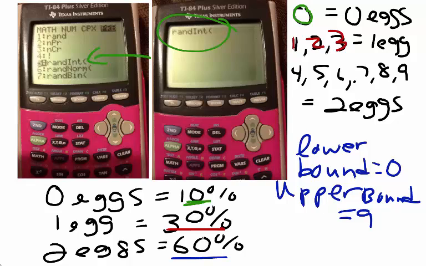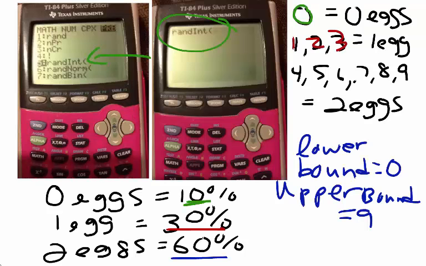You can choose to see only one result at a time, or you might wish to see 5, 10, or more. That part is up to you. So here's what it looks like on the calculator screen. Here I've established my lower and upper bounds, 0 and 9. And I've chosen to get 5 results at a time.